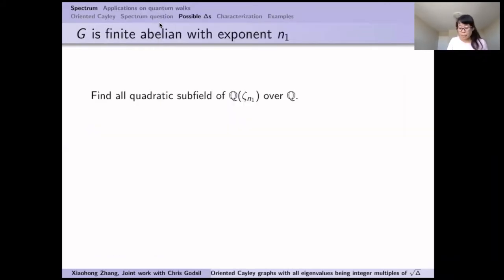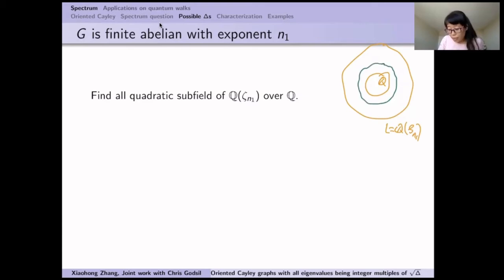Here, the two fields we need to use: our base field will be the rational field Q, and the bigger field is the cyclotomic field. Again, N1 is the exponent of the group, and zeta N1 is the primitive N1-th root of unity. The role of root delta comes here.